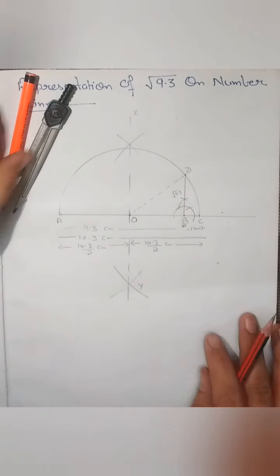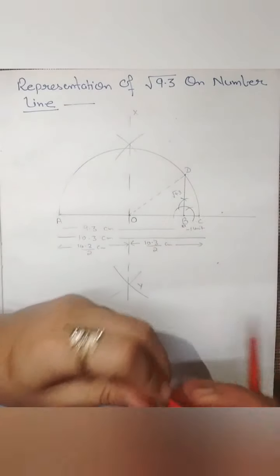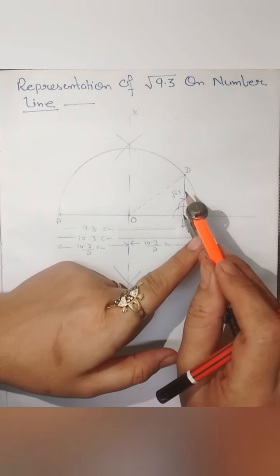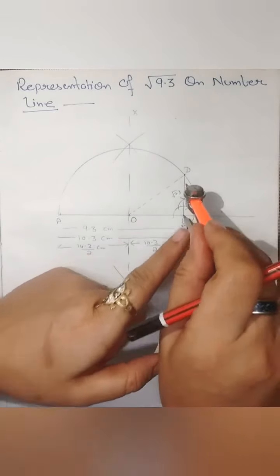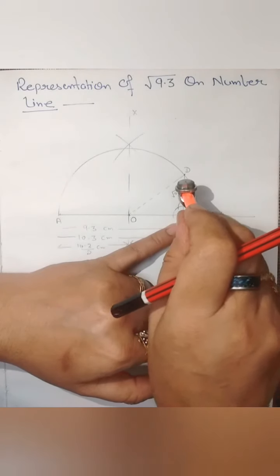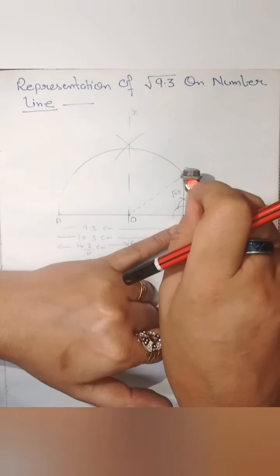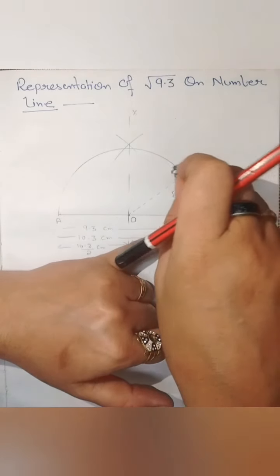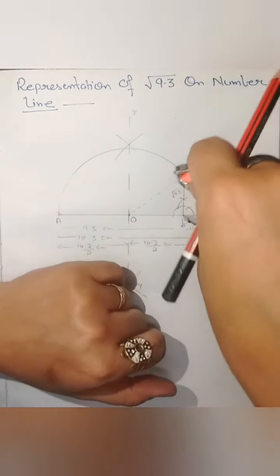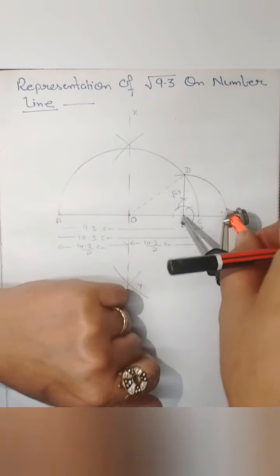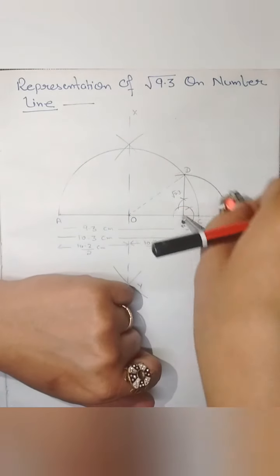Now, after calculating BD as root 9.3 by Pythagoras theorem, put the pointer of compass at point B and tip of pencil at D. We'll mark an arc of radius root 9.3.